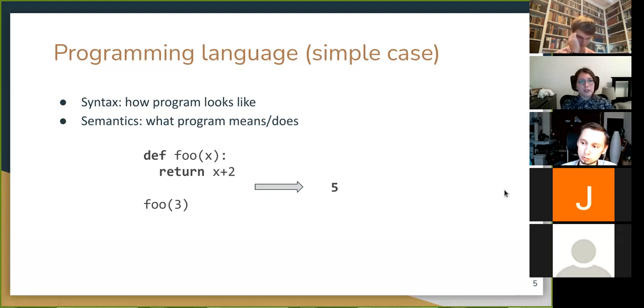So a compiler transforms a program from one language to another, but then eventually we need to say what is exactly happening when we are running the program in this, say, final representation. And for this, one way to do it is to define an interpreter, which explains how to take the program structure and compute it.